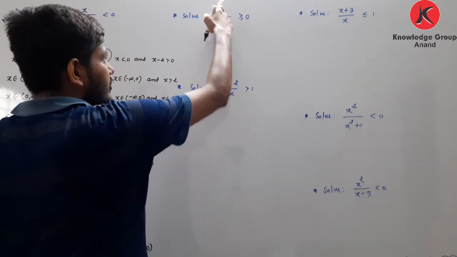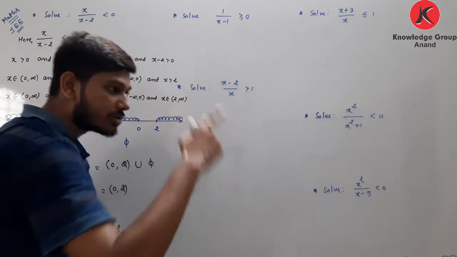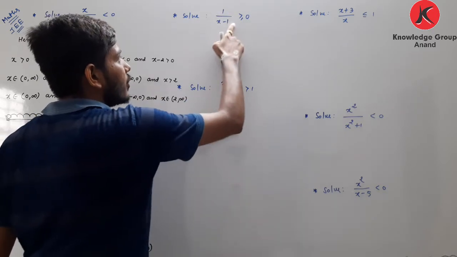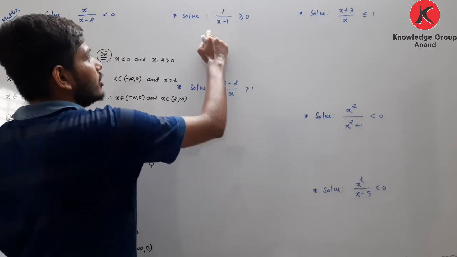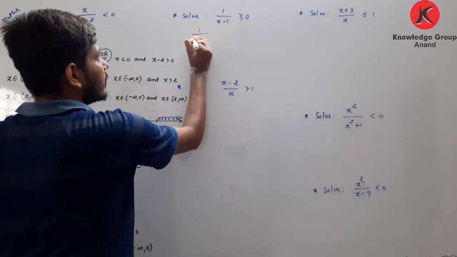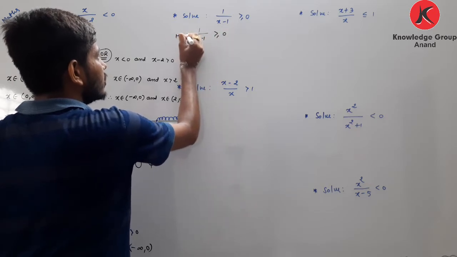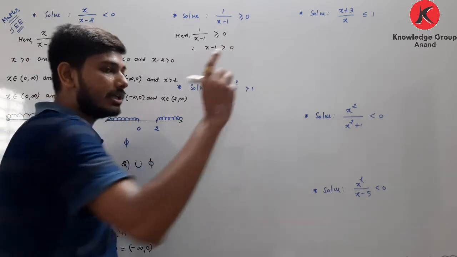Numerator is positive, therefore denominator must be positive to get the whole ratio positive. So here 1 upon x minus 1 greater than equals to 0. Therefore x minus 1 greater than 0, we won't write equal to.